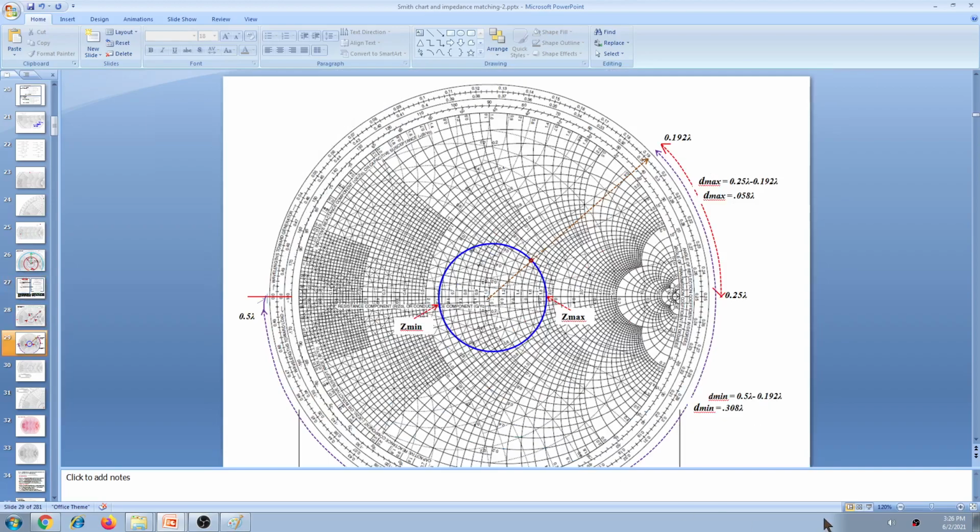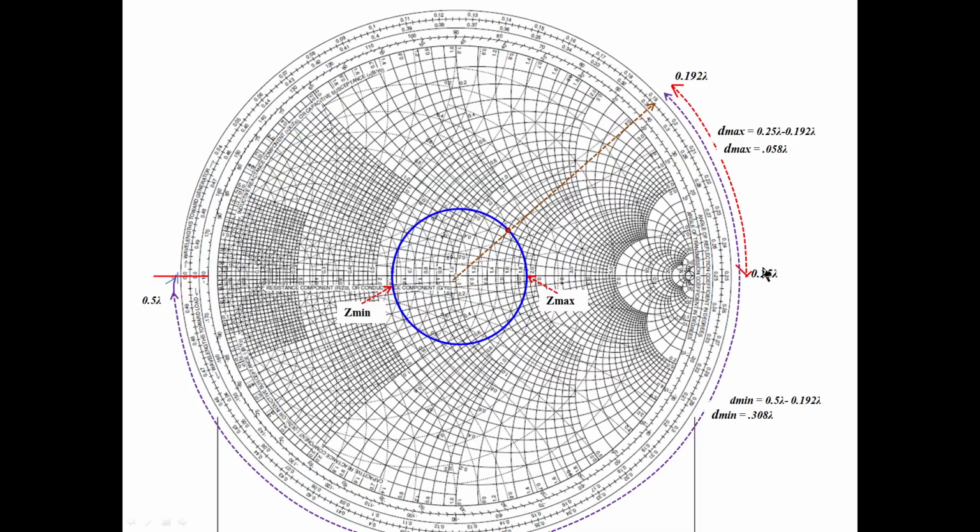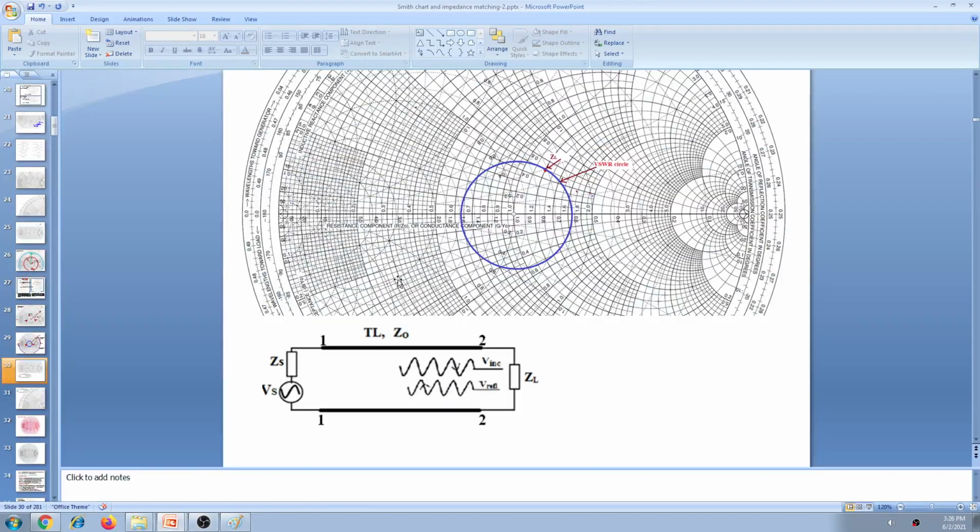Okay, so here you see, starting from here, I am moving over a transmission line and stopped here. What is the distance from here to here? To find that out, wherever you stop, you draw a line. For example, I am stopping here.